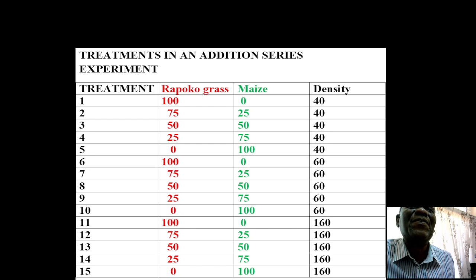And we can keep everything at 40 density. We do the same at 60 density, then at 160. In other words, we are having a proportion times density experiment. 5 proportions and 3 densities. It's a 3 times 4 factorial.